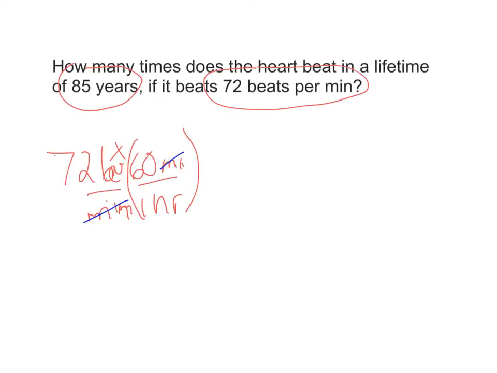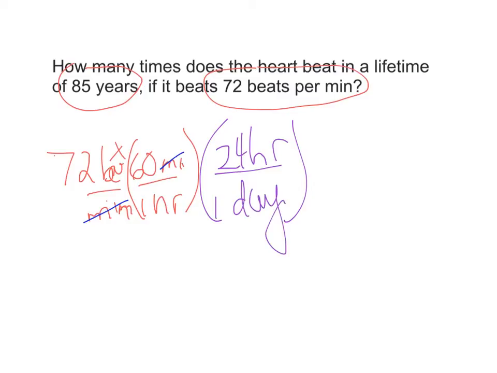And the conversion we're going to need now is we're going to need to go hours to days because 24 hours is 1 day. And then we can keep on going because we know that our hours have canceled, so we're left with days.